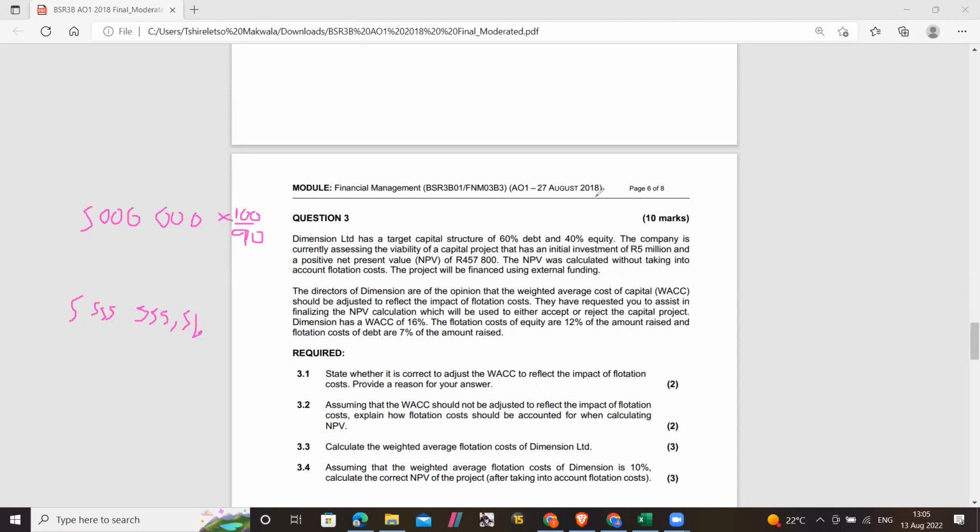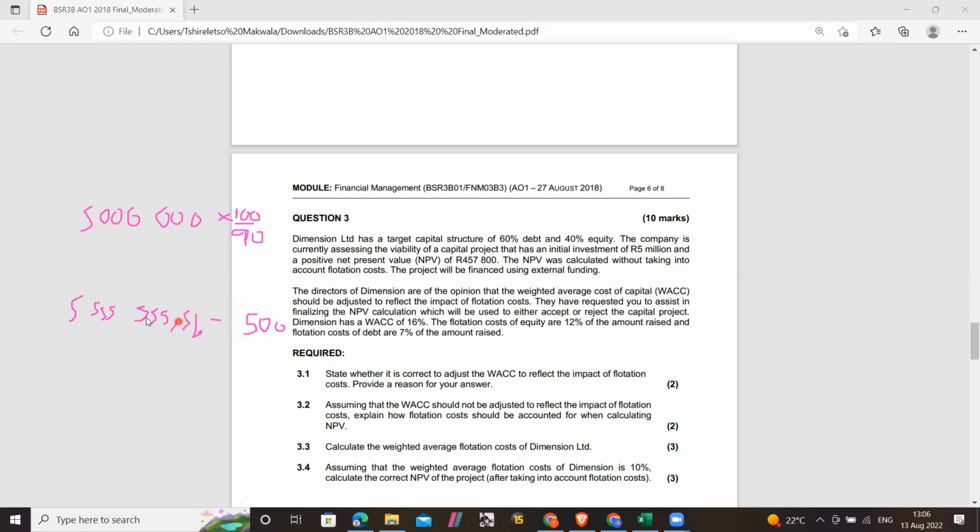This is the amount that we actually want, so we just say minus 5 million, the amount that we want. Obviously, the amount that's left, this 555,556, is our new flotation cost. But that's not the question. The question says calculate the NPV of the project after getting these flotation costs.